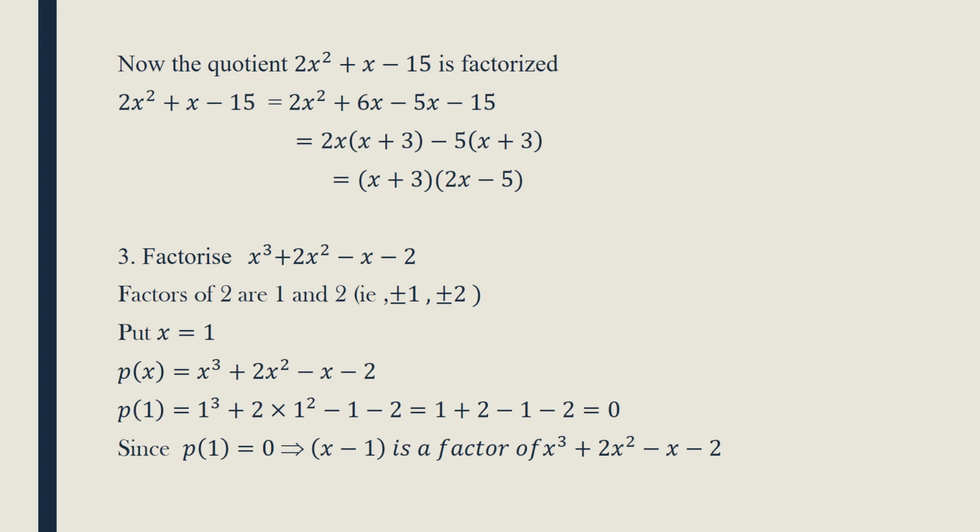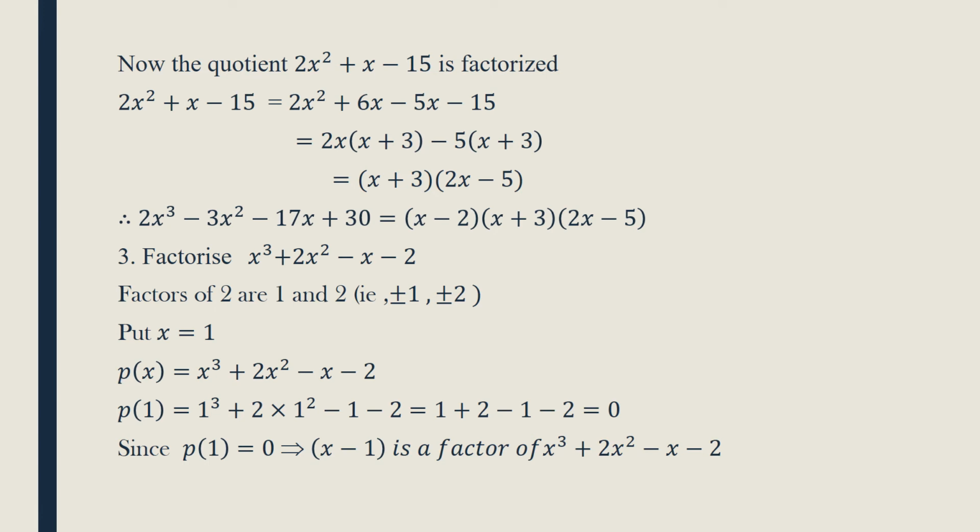Therefore, the three factors of the cubic polynomial are x minus 2, x plus 3 and 2x minus 5. In question number 2, we can see the coefficient of x cube is 2. So, it will be easy for us to go with our division method instead of trying with trial and error method. Let us do one more example.